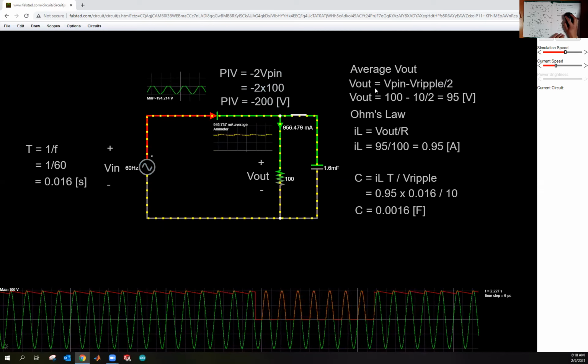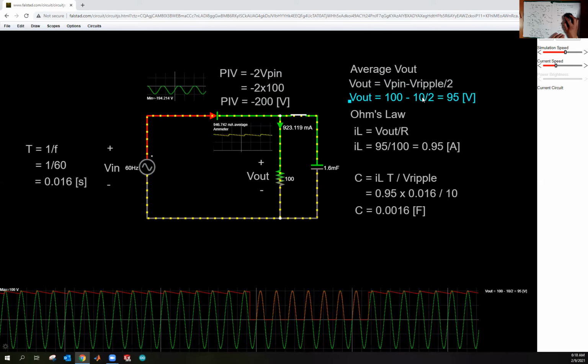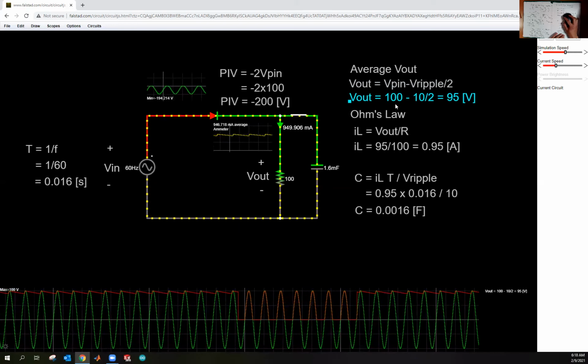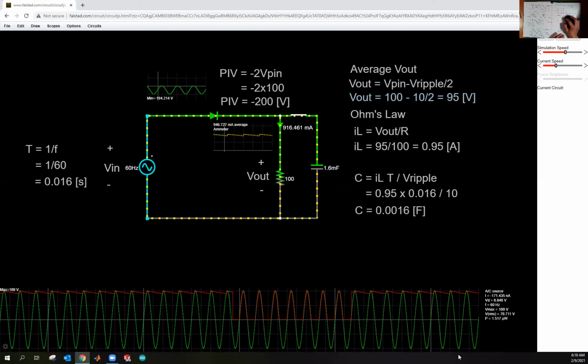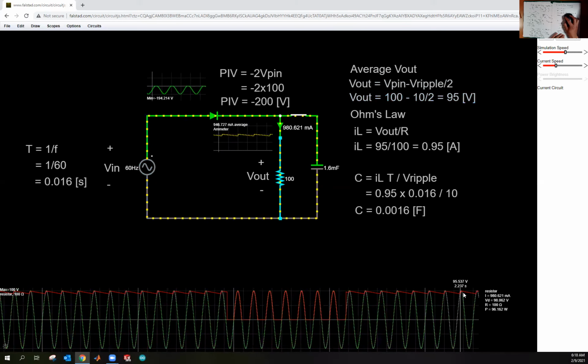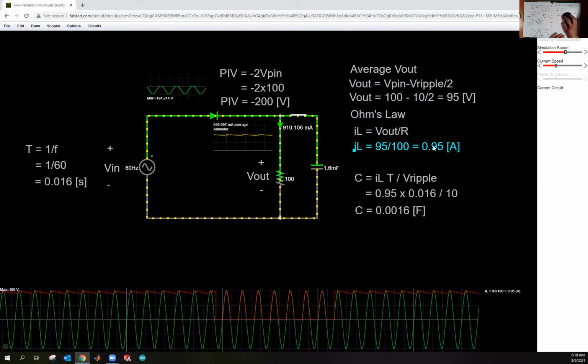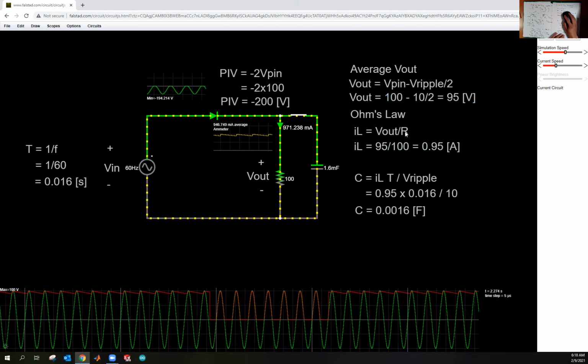Now the average V out, I had the same equations: 100 minus, let's say the V ripple was 10, the acceptable V ripple. So that means the average V out is 95, and that would be the center of this red line here. Ohm's law says the average current would be 0.95 amps, if I take 95 over 100.